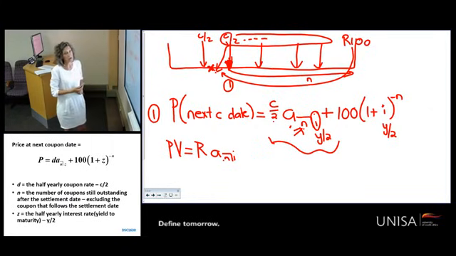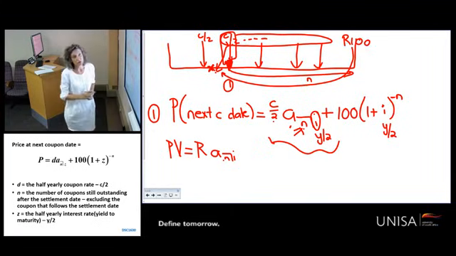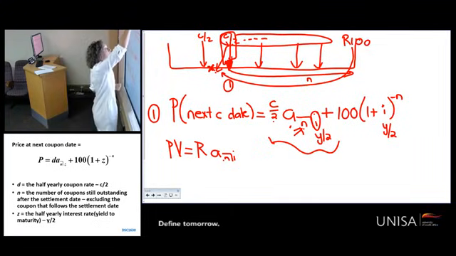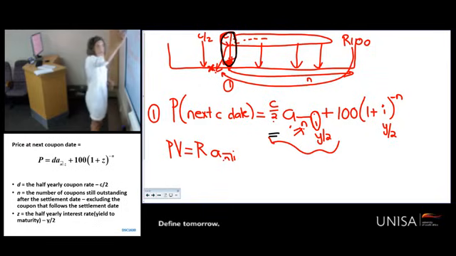We don't have an annuity due. So that C over 2 here is not included in our formula. Now, what do we do with that one?